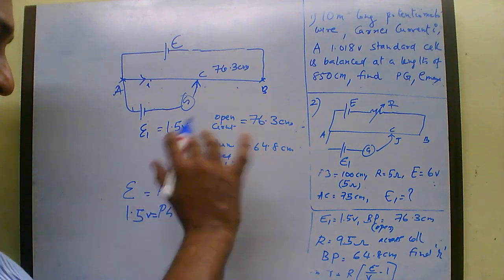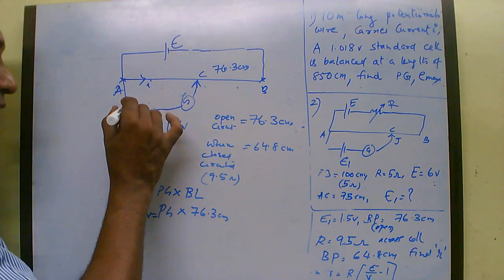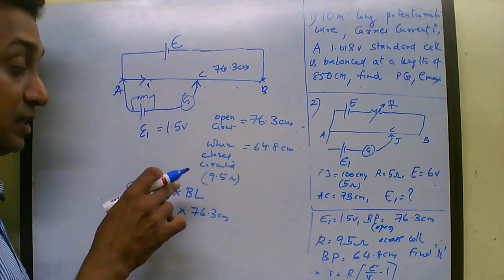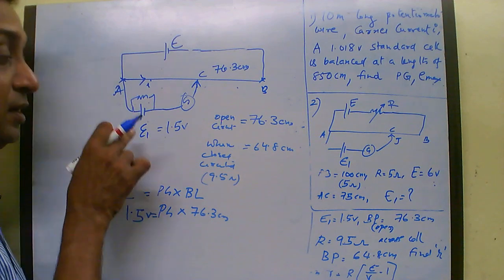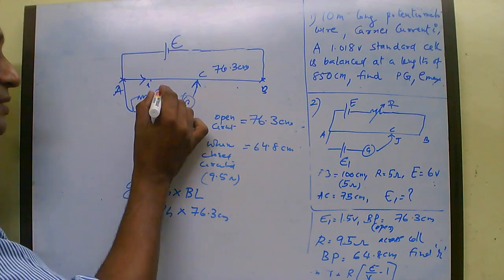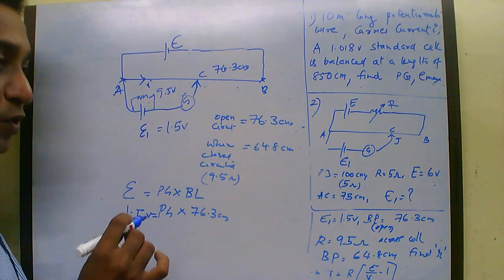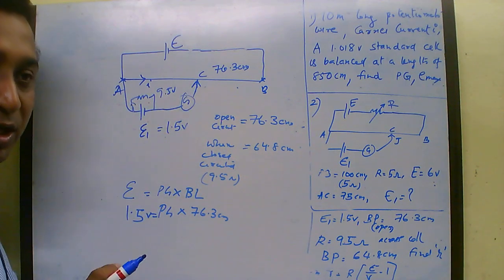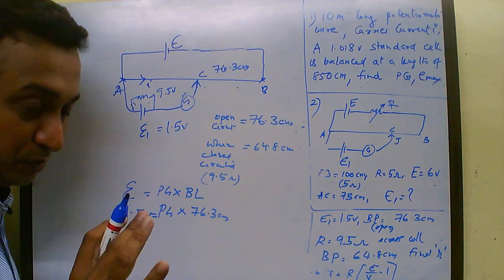Now when closed circuited, it means you are connecting a resistance across the cell. Normally we choose it as the unknown cell, but in this case the value is given, that is 1.5 volt. So it means some current is also flowing through it, and then it becomes a closed circuit.